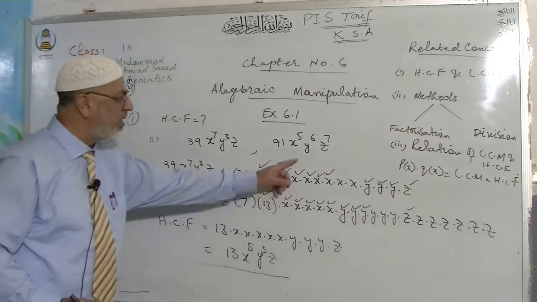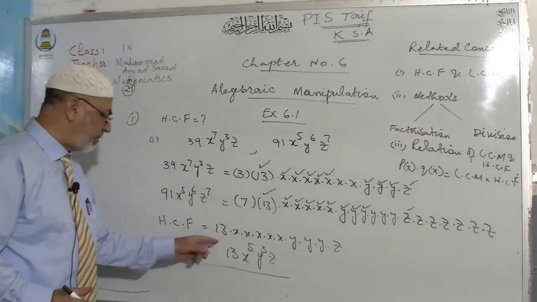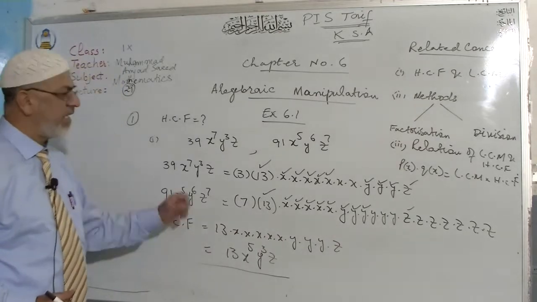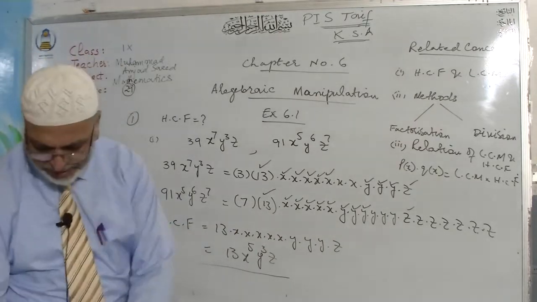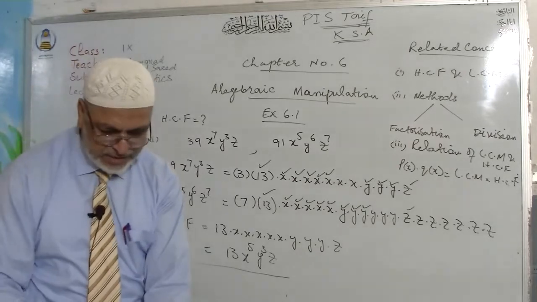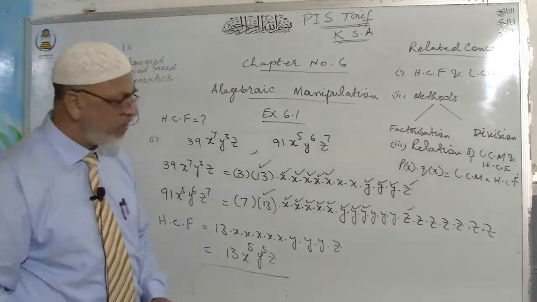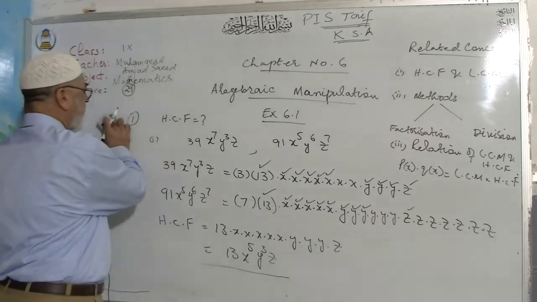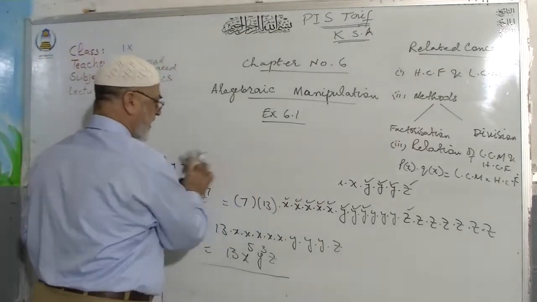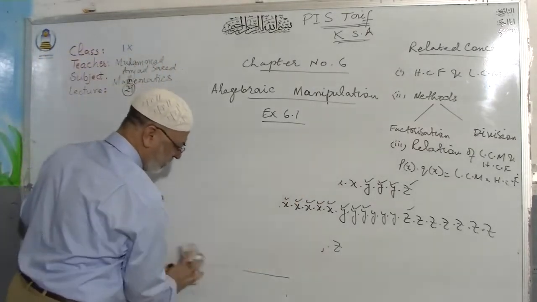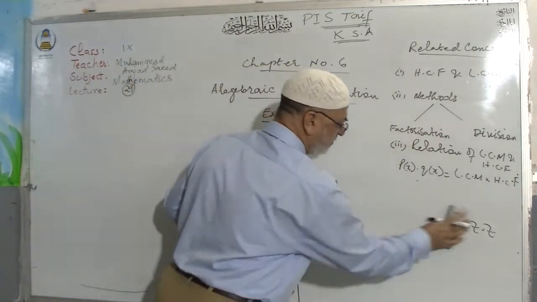You have found common factors and multiplied so that you will get the highest common factor. I hope that you understand this question. And now you can do your second part by yourself. And inshallah, I am going to start our question number 2.